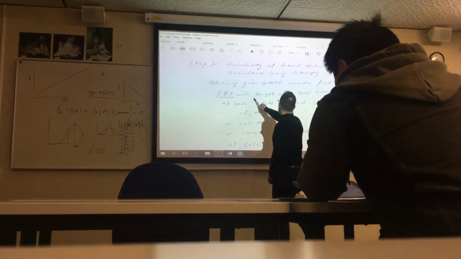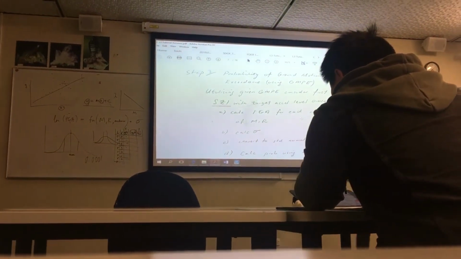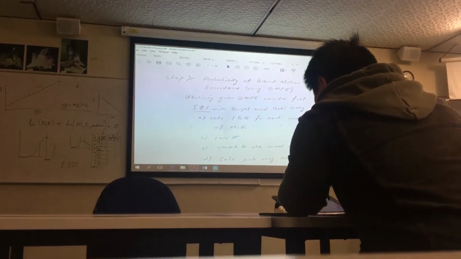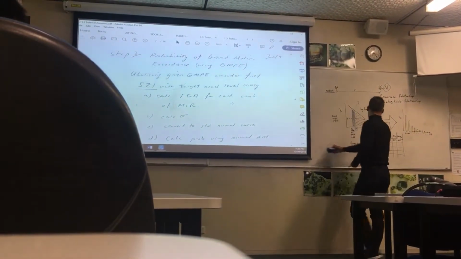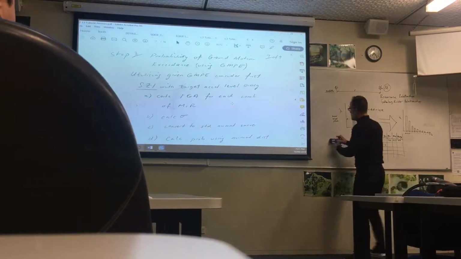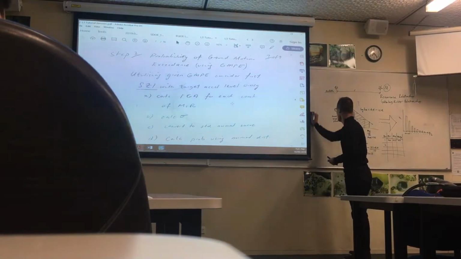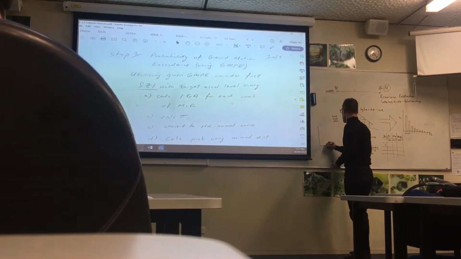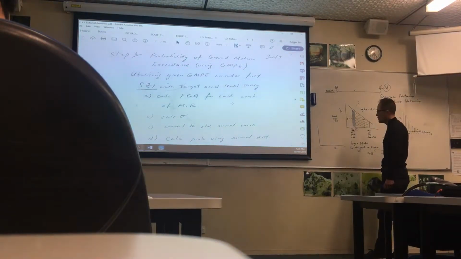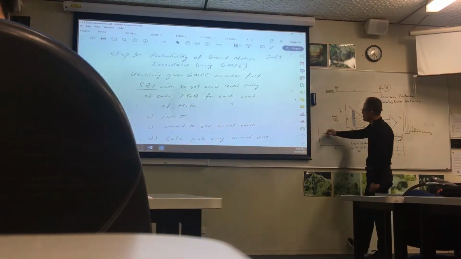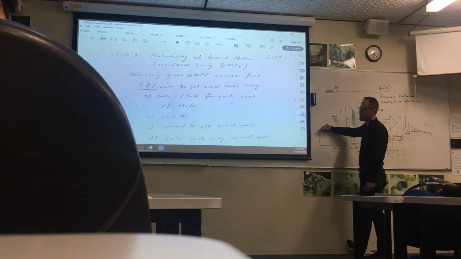remember for a hazard curve, what have we got on a hazard curve? It's going to look like this, very simple. We've got an acceleration, and we've got an annual exceedance probability.